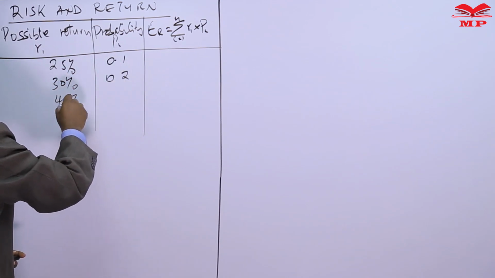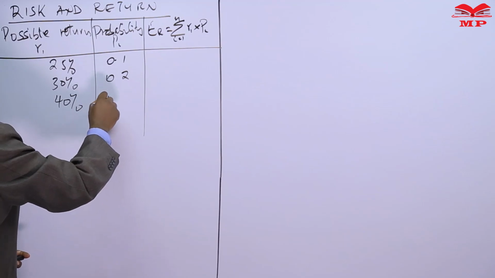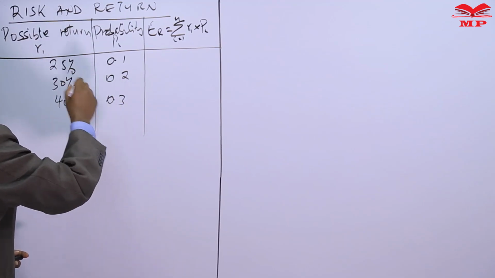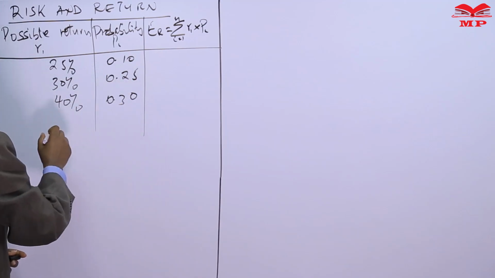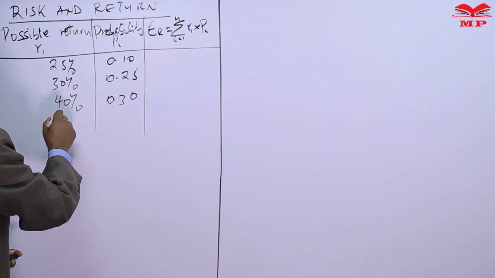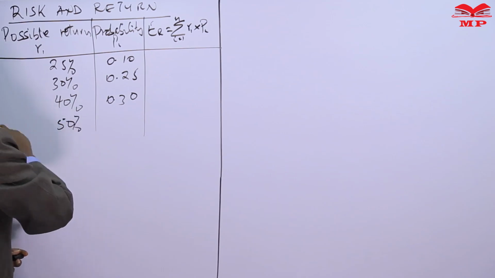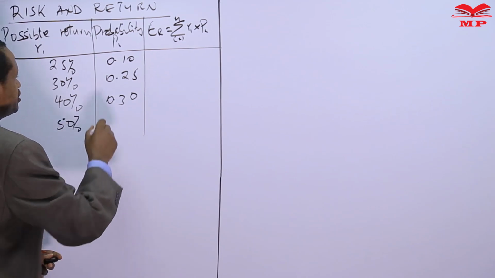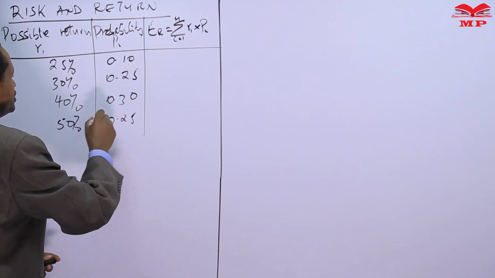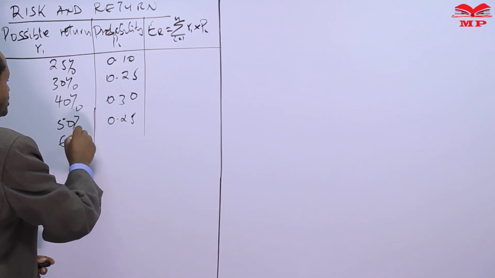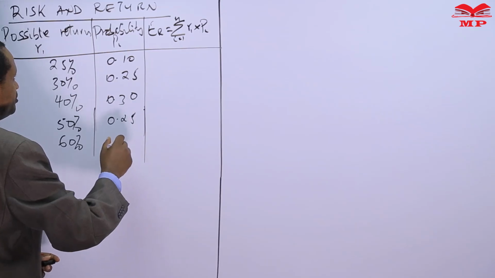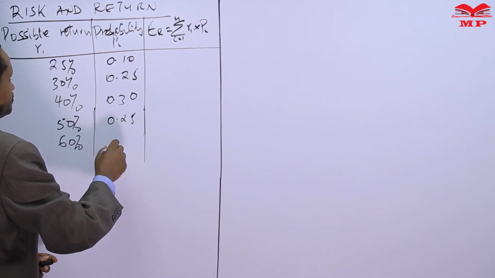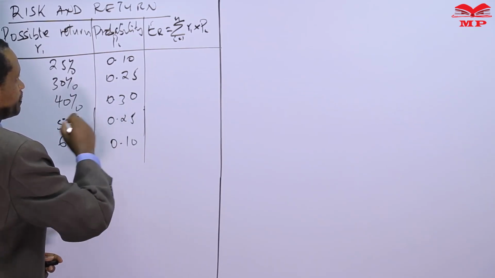Then 40%, probability 0.3. Then 50% with the probability of 0.25. Then lastly, 60% possible outcome, with the probability of 0.1.